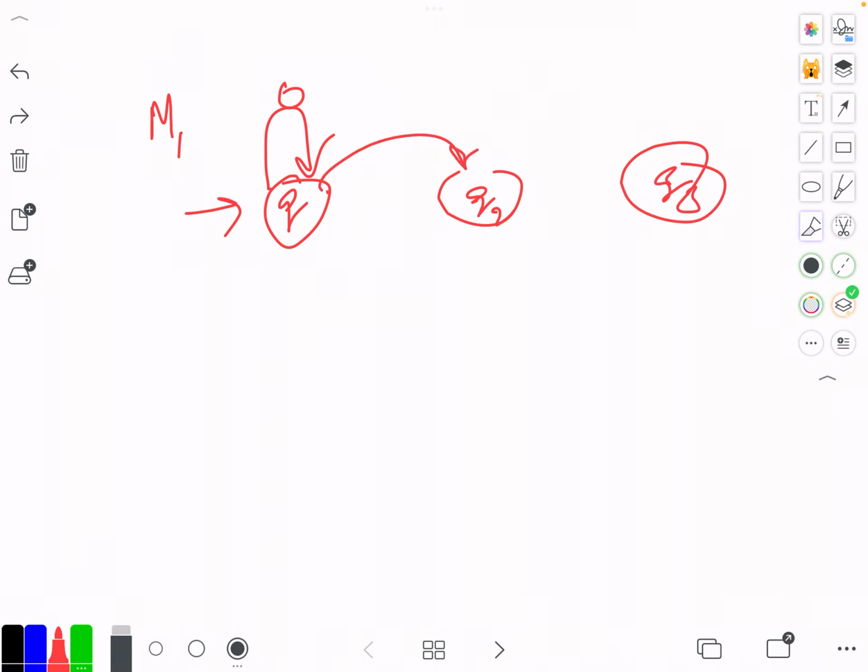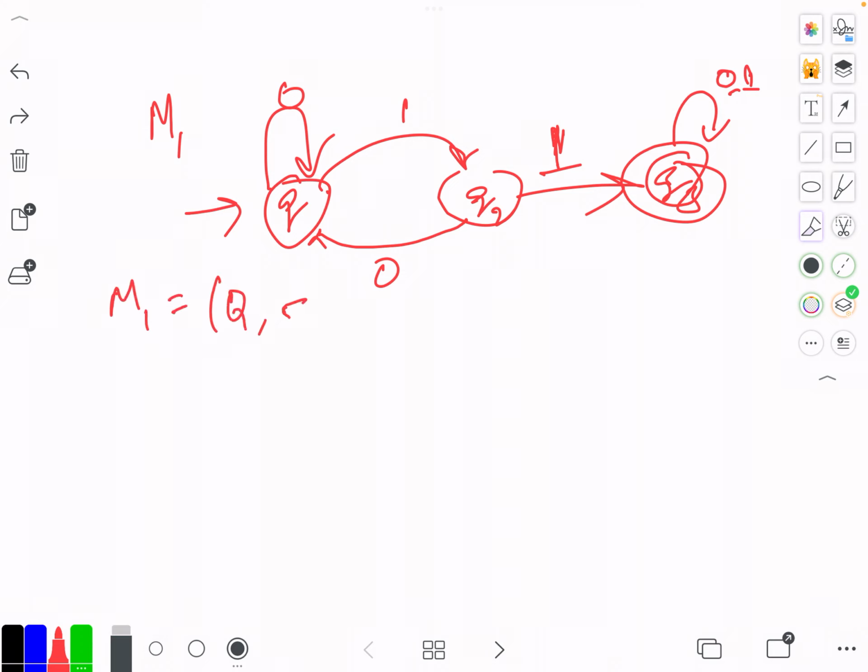So it goes here, which is 1, and then 0, and then 1. Like the other one, this is 1, 0, 1.